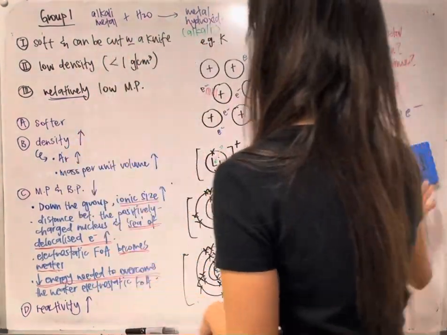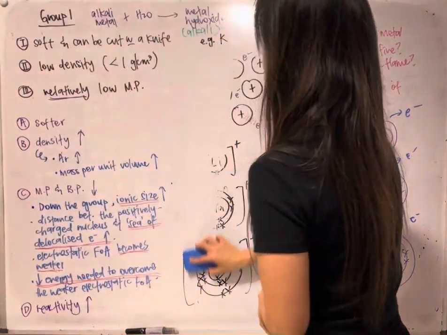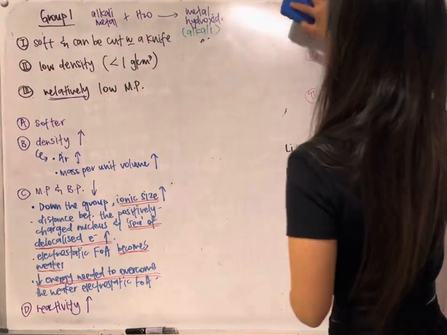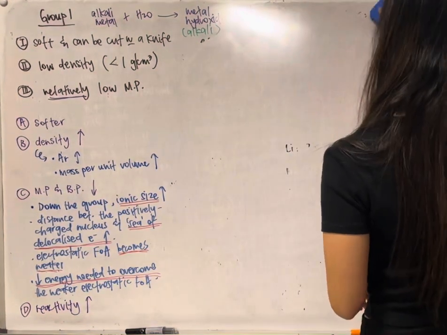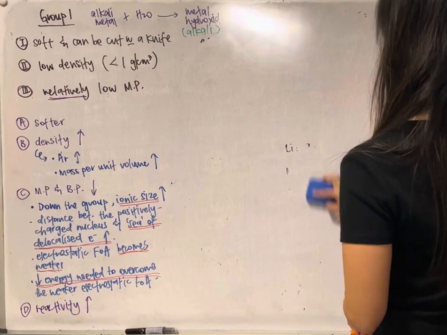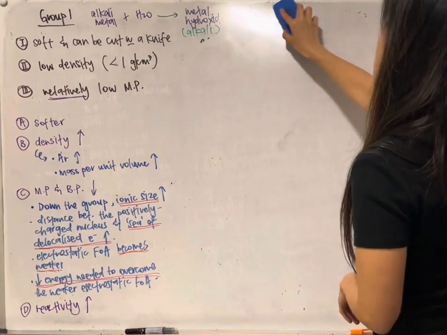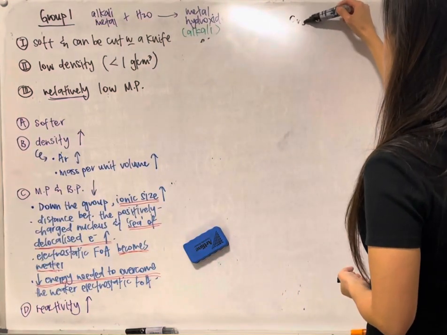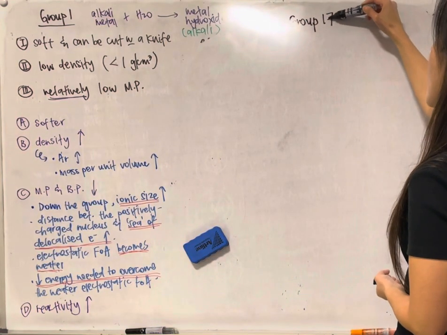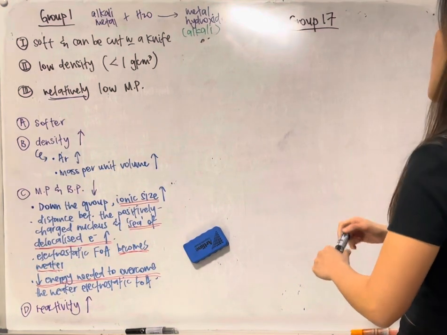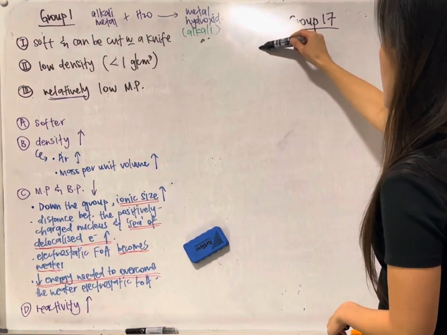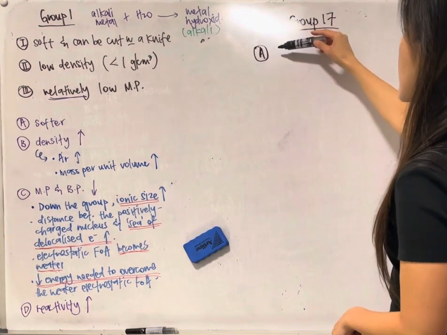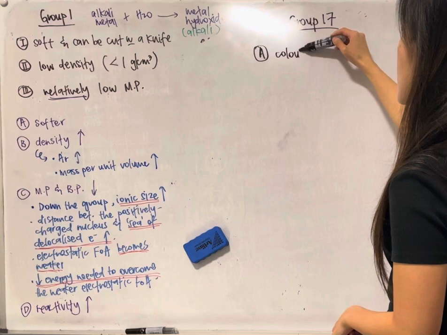Next one, group 17, the halogens. All these non-metals, I just want to point out a few things you need to take note of, which is the trends. Let's start with the trends for group 17. By the way, group 17 tends to form diatomic molecules. The first trend: as you go down, please take note, the color actually darkens.